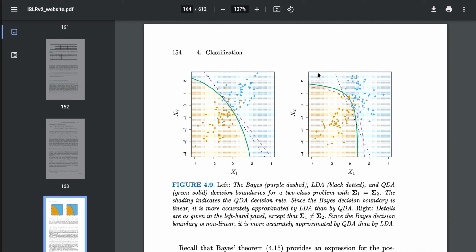Now on the right hand side, if you look at the cloud of the yellow, the orientation is this way. The blue cloud, the orientation is this way. The orientations clearly are not pointing in the same direction.